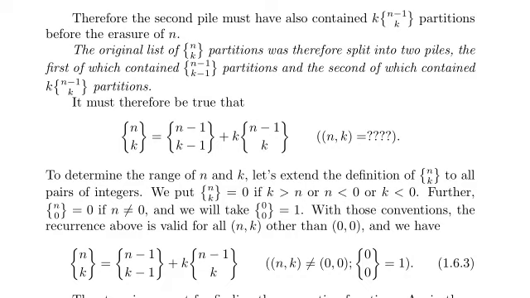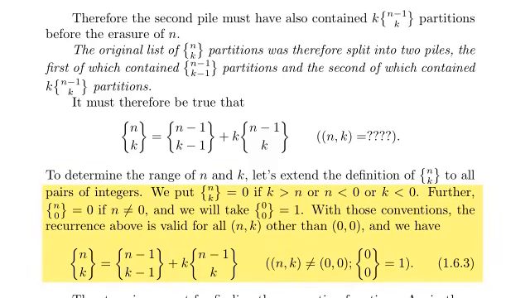Further, {n, 0}, so splitting n into 0 partitions, equals 0 if n is not equal to 0, and we will take {0, 0} to be 1. With those conventions, the recurrence above is valid for all n, k other than 0, 0. And we have that the recurrence relation holds for all n, k not both 0, and {0, 0} equals 1.